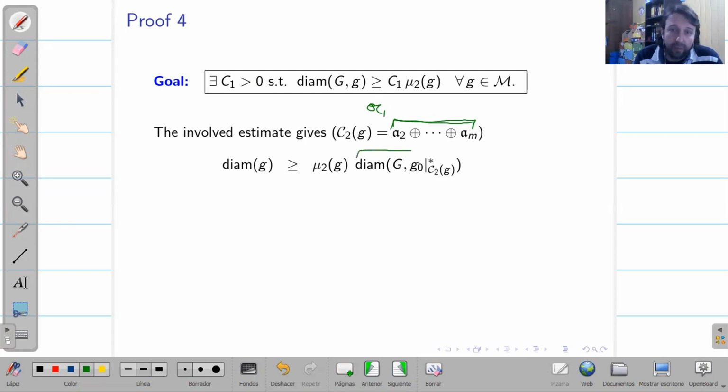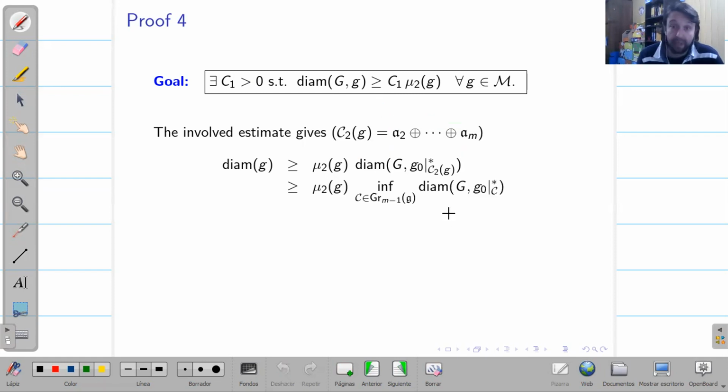And of course, we want to prove that this is positive. This is bounded by a positive number. And in a very similar way as before, we take the infimum. This still depends on G, on the metric, right? Because it depends on the composition. But here we take the infimum in the Grassmannian space of codimension 1 subspaces, right?